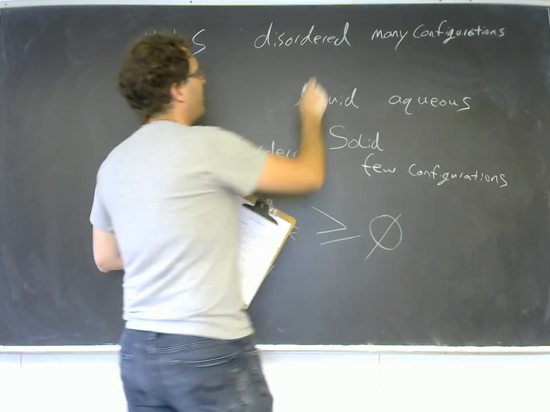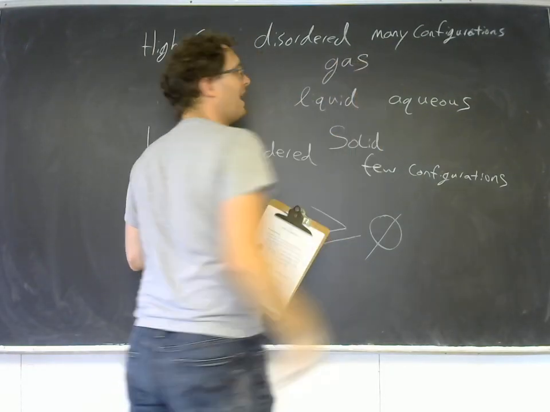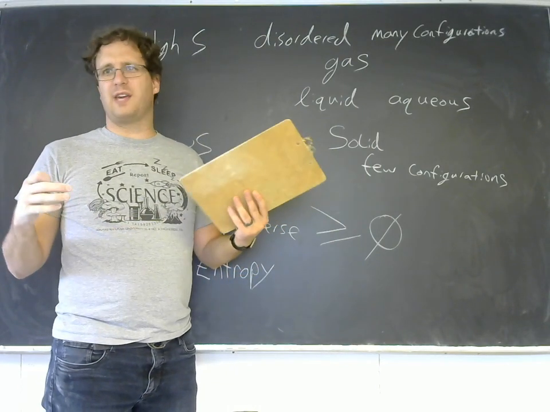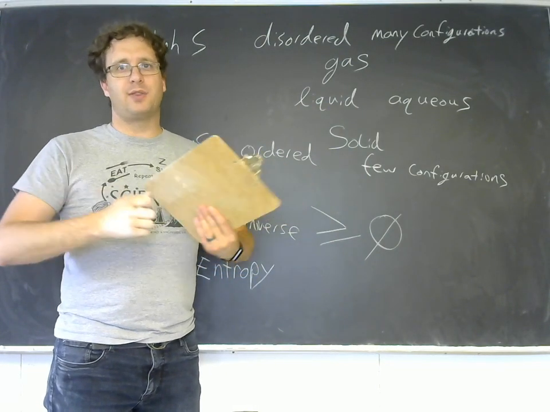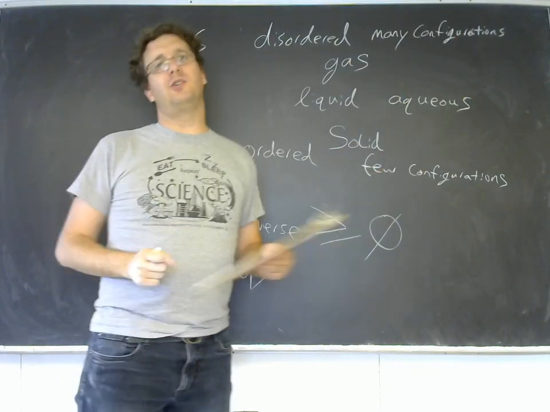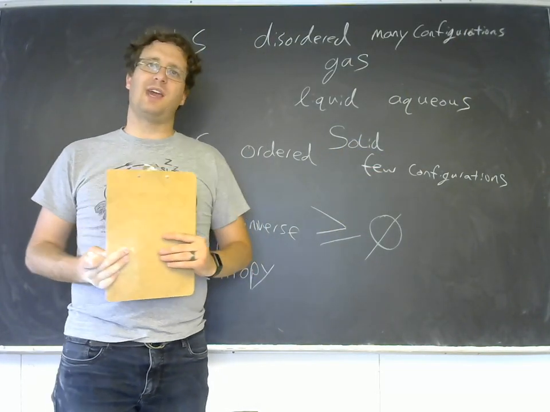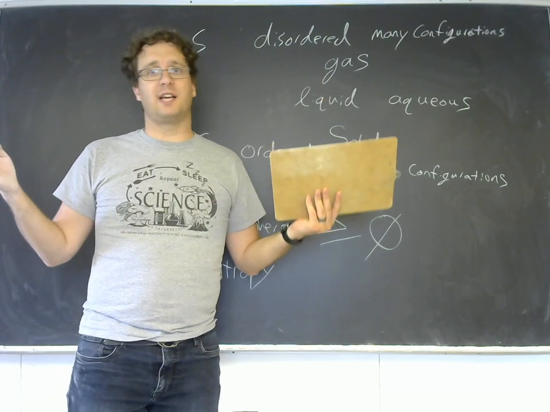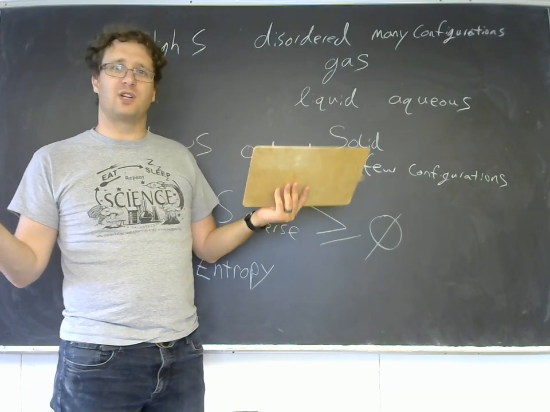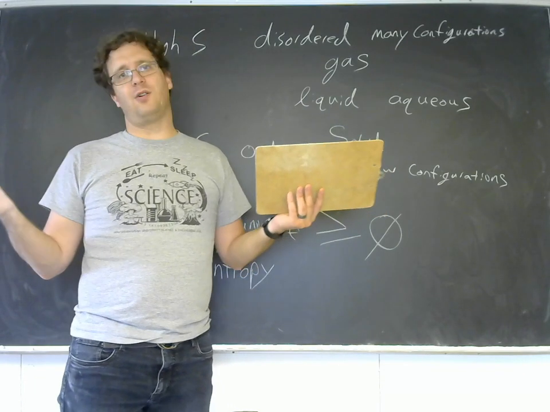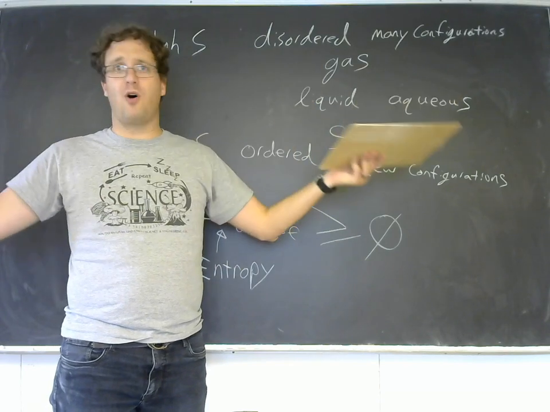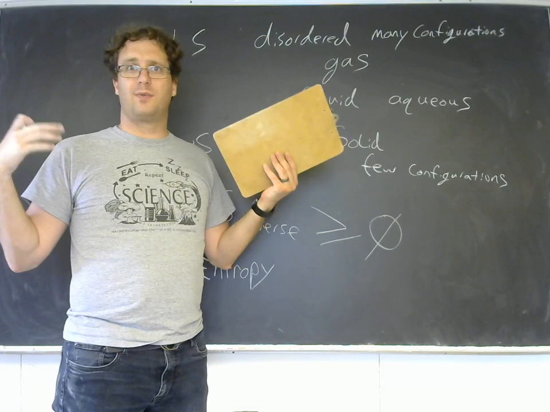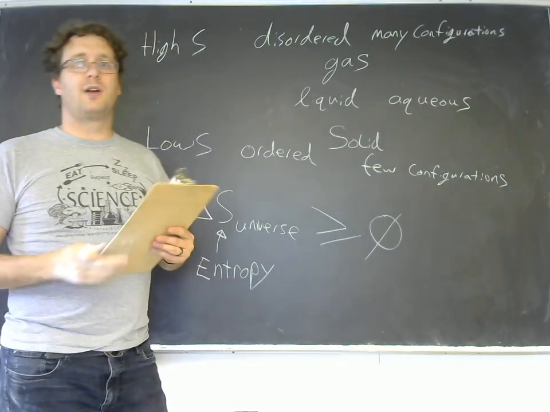And then finally we'll have the gas phase, the highest entropy phase. And not only are the gas particles moving past one another, but they're also expanding and occupying as large a volume as they can. And that just gives you more options about where these gas particles are located. A configuration would consider the position of all the different gas particles, and with more volume, more space for them to occupy, of course we're going to have a greater number of possible configurations.